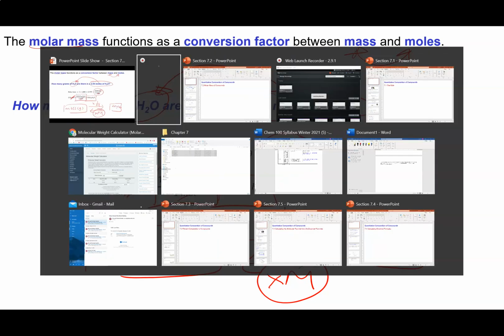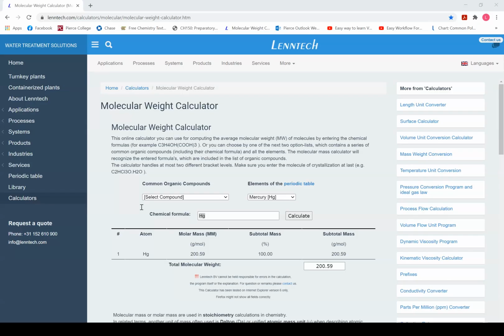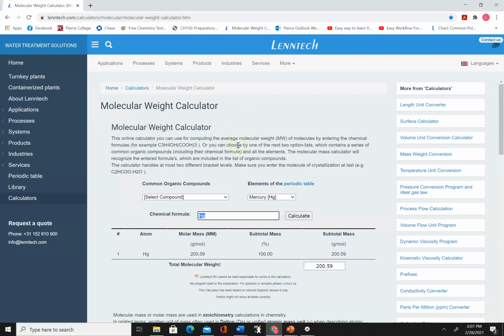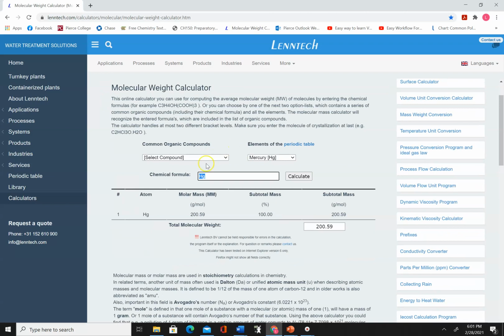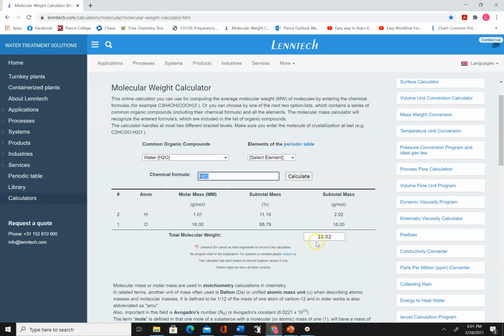Now, it's really easy to calculate the molar mass of something. You can just use one of these molecular weight calculators, and you just put your formula in there. So put in H2O, calculate, and there it is. It gave this to 4 sig figs.